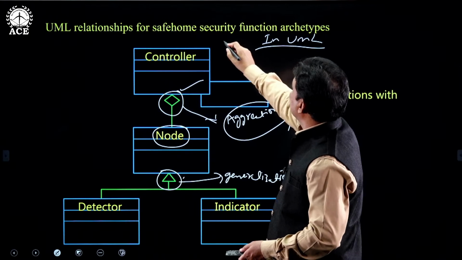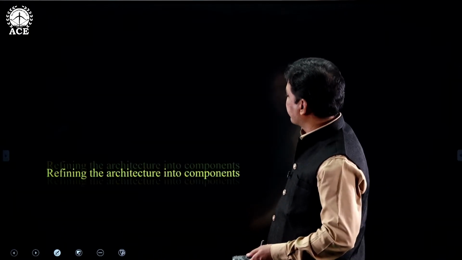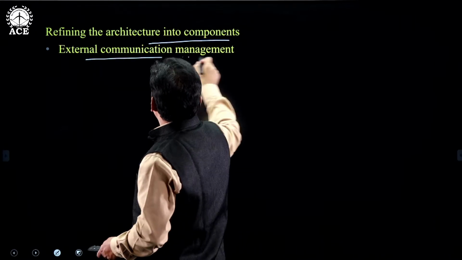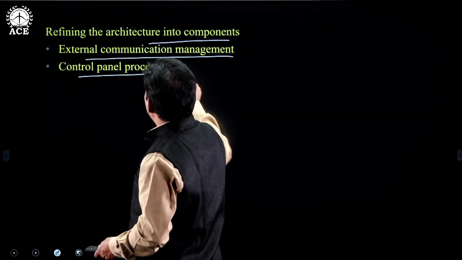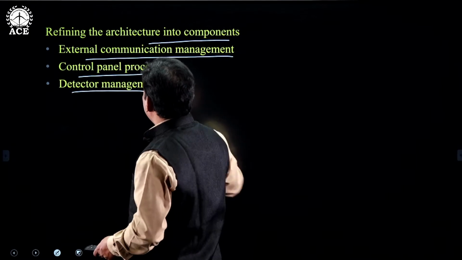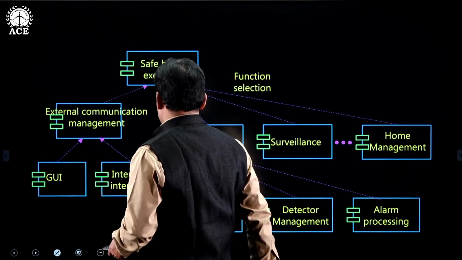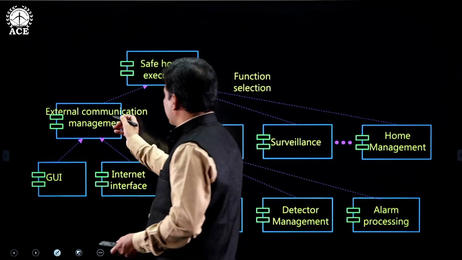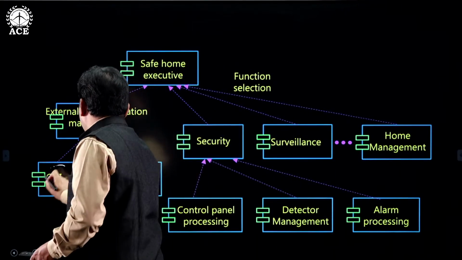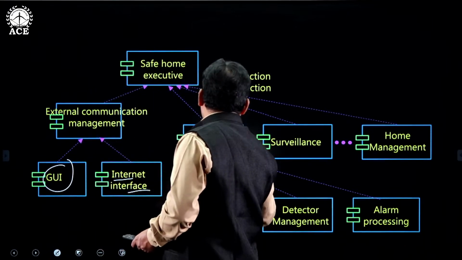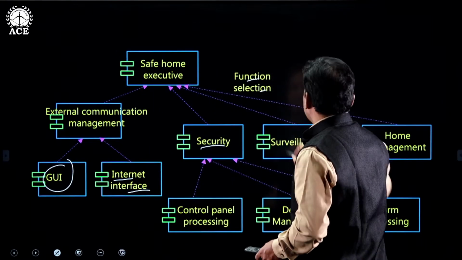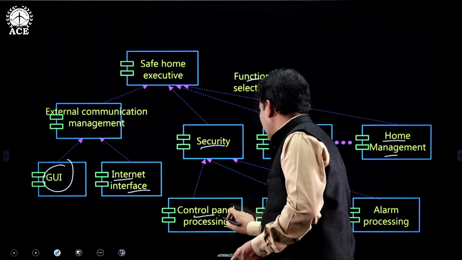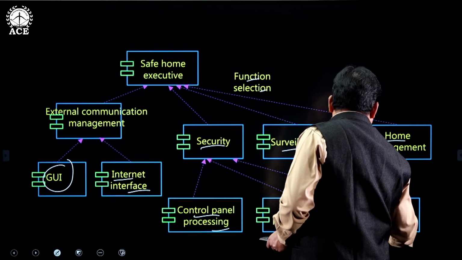UML relationships for safe home security function archetypes. Refining the architecture into components: external communication management, control panel processing, detector management, alarm processing. Just see here: safe home security system, safe home executive, external communication management, GUI (graphical user interface), internet interface, security, function selection, home management, surveillance, control panel, detector management, alarm processing.